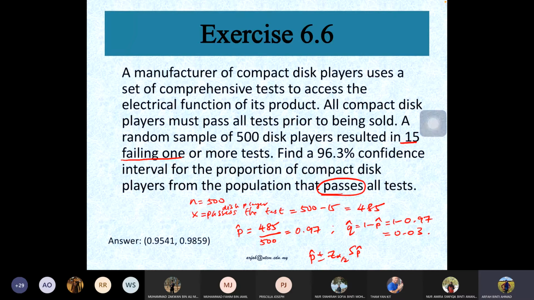Cuba kira and give me the answer. Dapat sama tak? Bagi jawapan SP hat berapa?